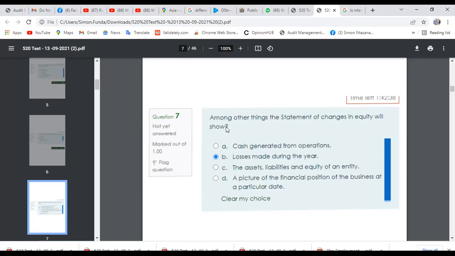If some shares were diluted or sold, you expect all those changes in the statement of changes in equity.